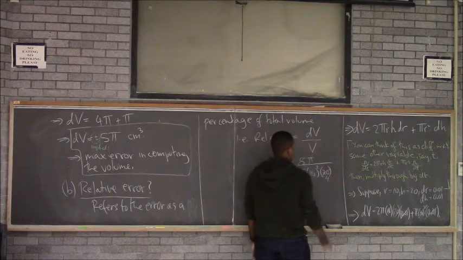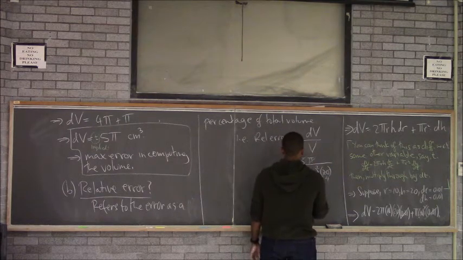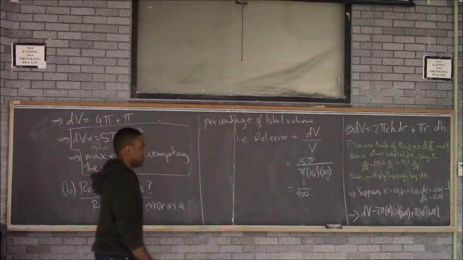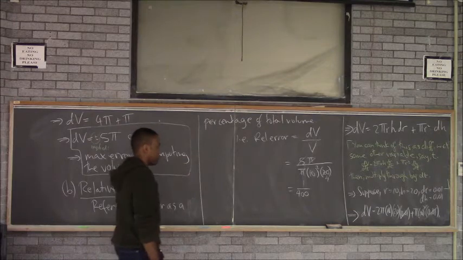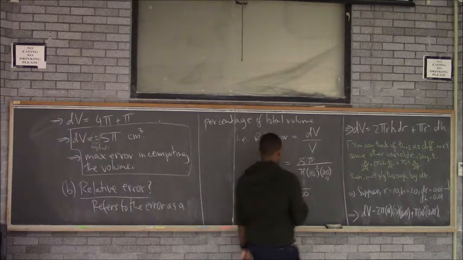This is 4 times pi, so this is 1 over 400. And what is that? That's about 1/4%, right?